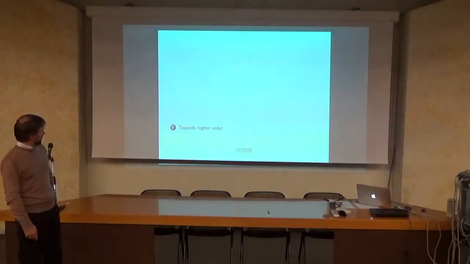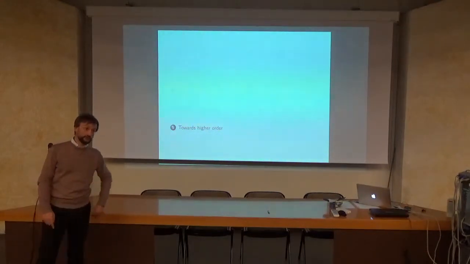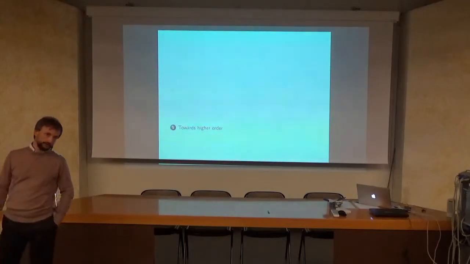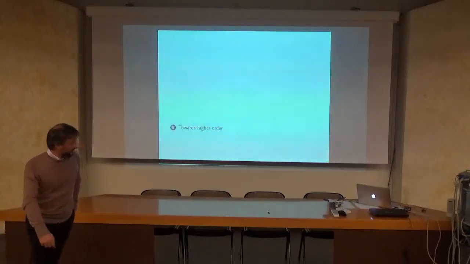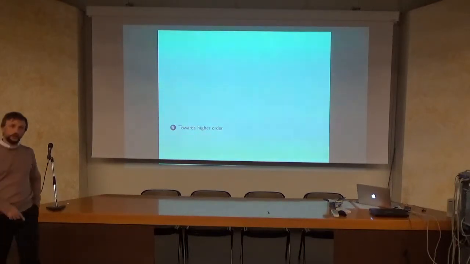Which suggests that maybe it's actually worth going a little bit further. We've done some work on this as well, but I'm afraid that for now it's just in 1D.